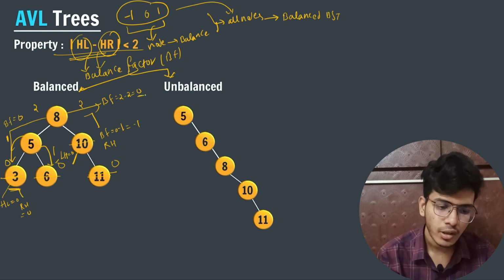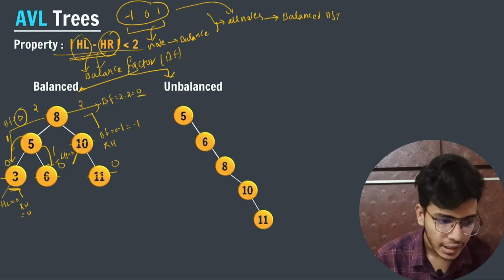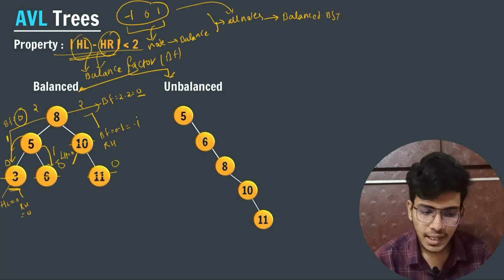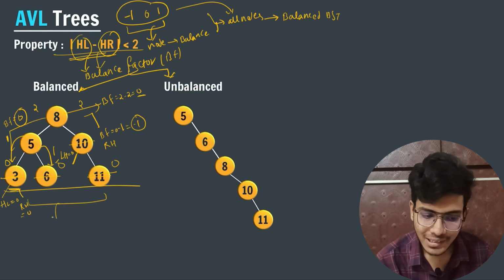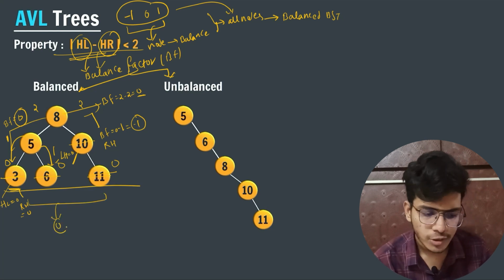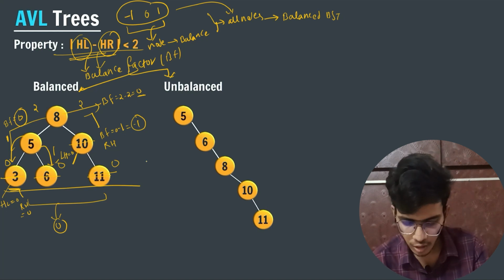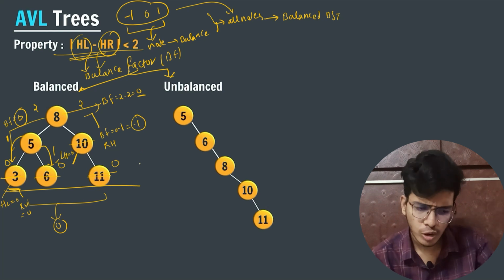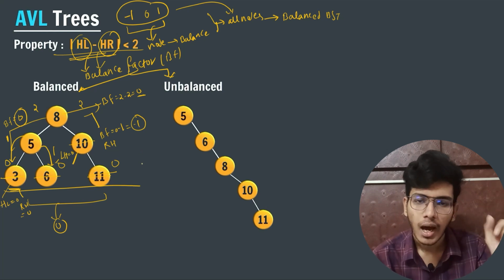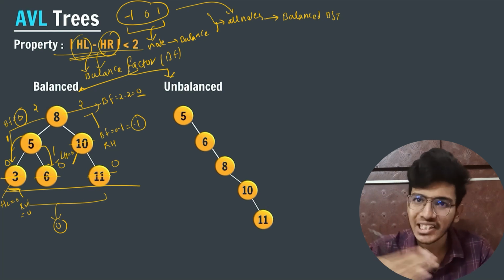So you can see that for the root node the balancing factor is 0, and for the secondary nodes the balancing factors are 0 and -1. After that, for all the leaf nodes the balancing factor is 0. So I am getting either -1 or 0 or 1. You can see that for all nodes in the structure the values are either -1 or 0 or 1, and it is not exceeding beyond that.